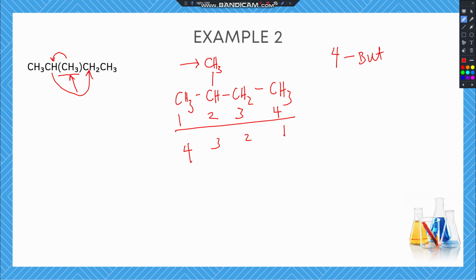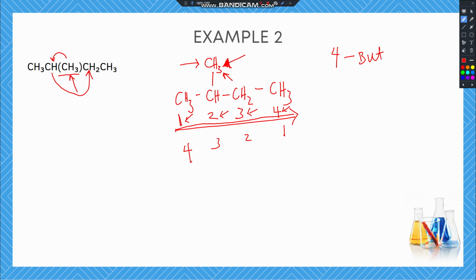Yes, there is a branch over here, because anything that is not part of the parent chain becomes a branch automatically. We counted from the left to the right: 1, 2, 3, and 4. As you can see, there is a branch on carbon number 2.